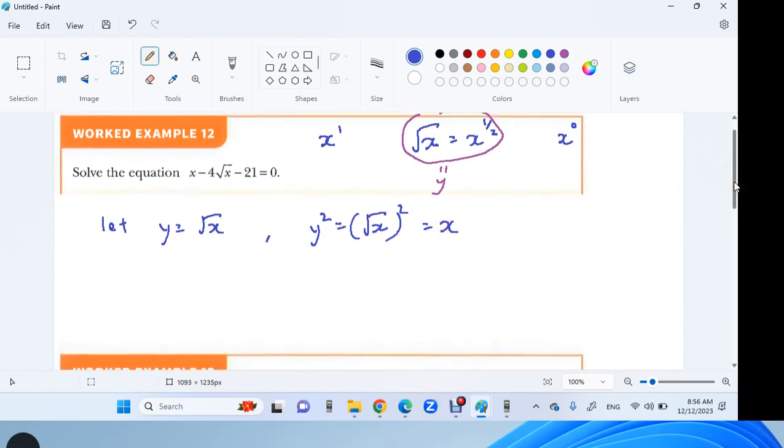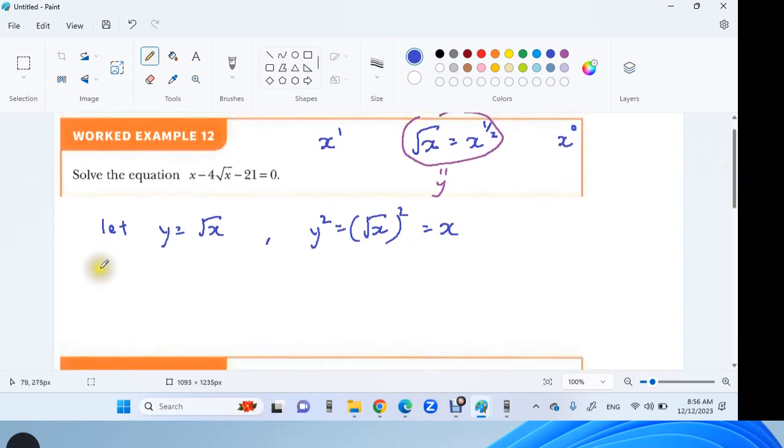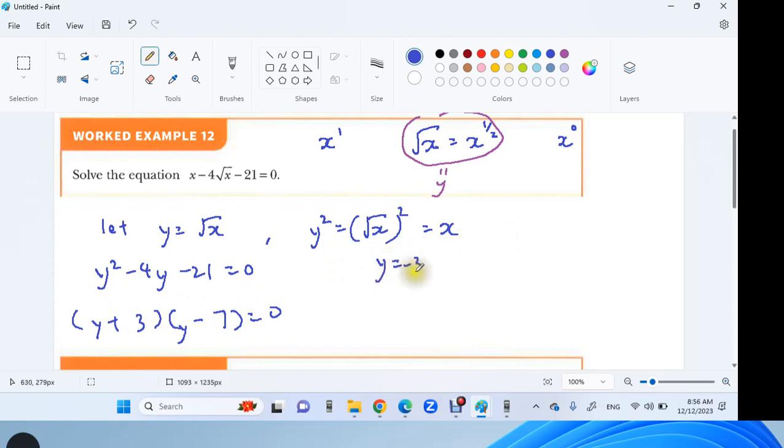The next thing is we have y squared minus 4y minus 21 equal to 0. Then we open the bracket: y minus 7 and y plus 3. Then we have y equal to negative 3 and y equal to 7. Then square root x equal to negative 3, square root x equal to 7.